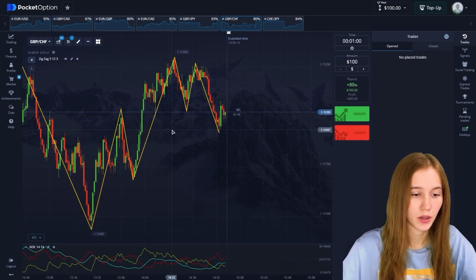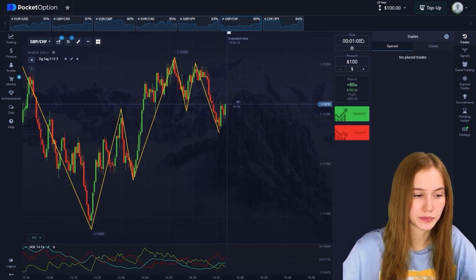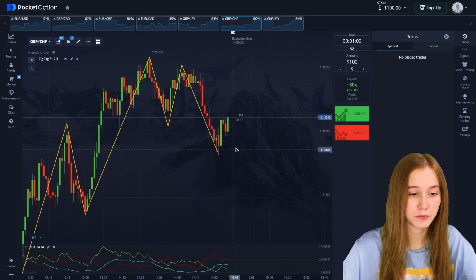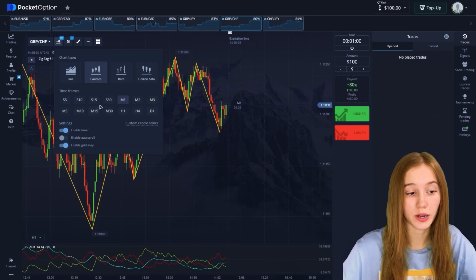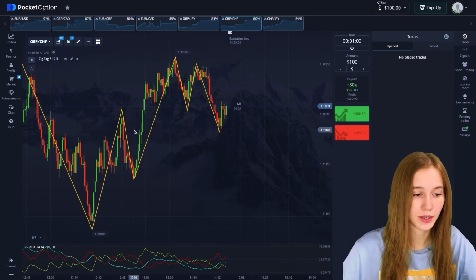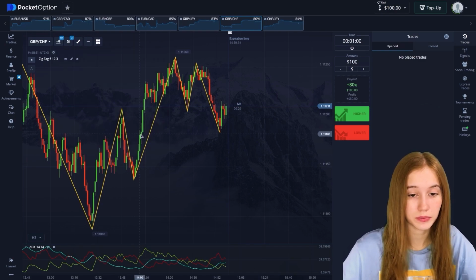The deal time is 1 minute, and we enable the minute time frame in the settings here. So, correct.